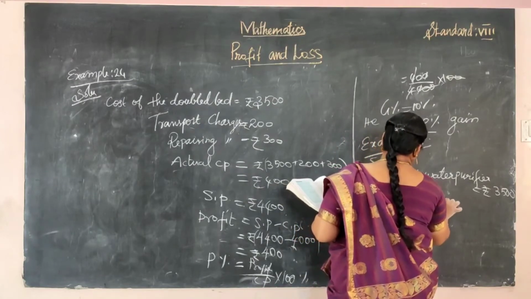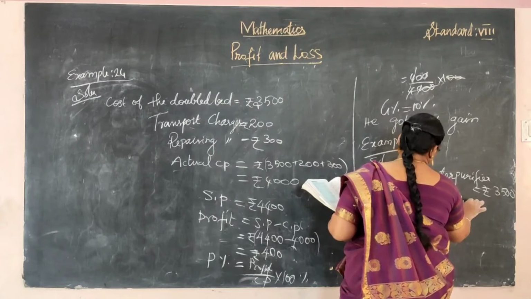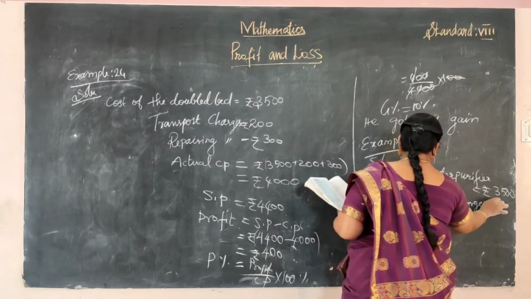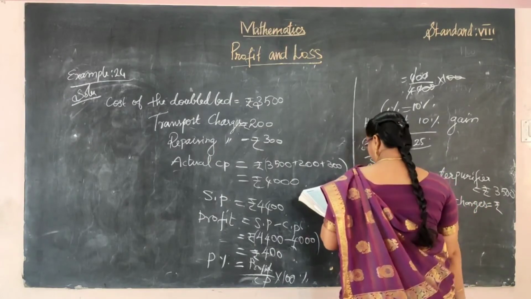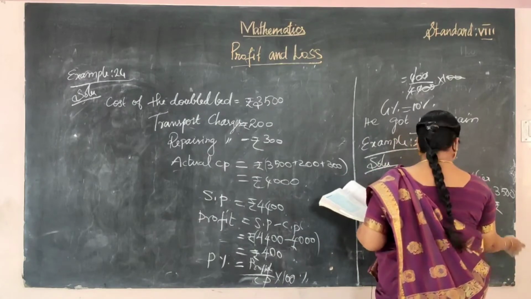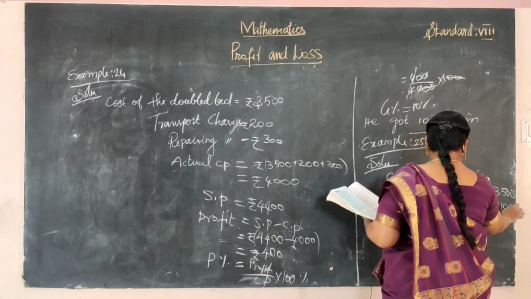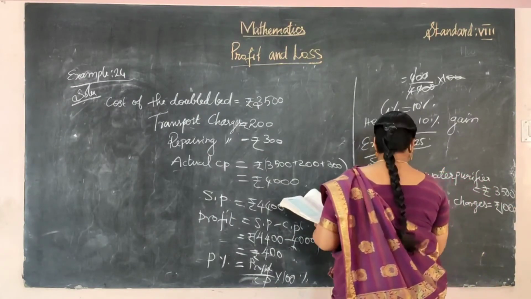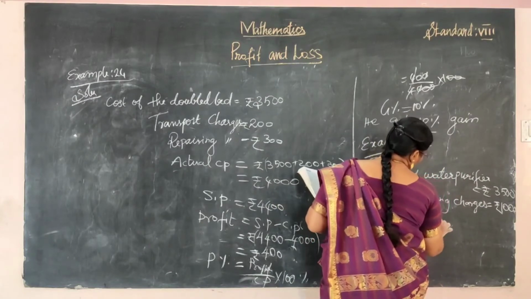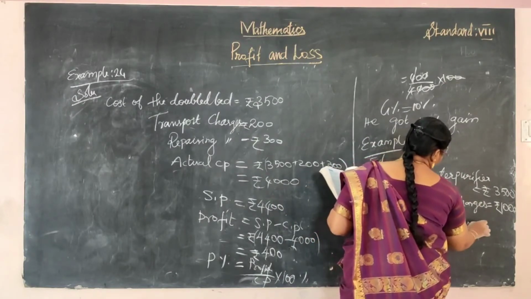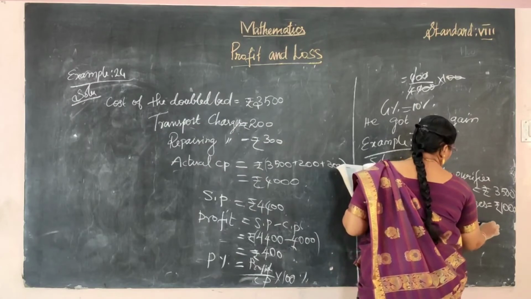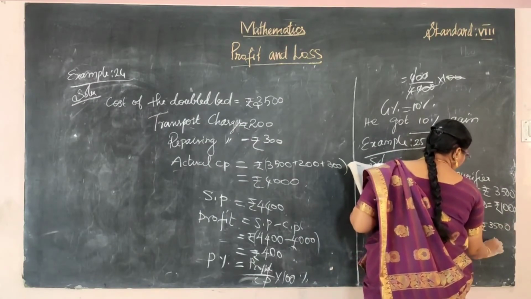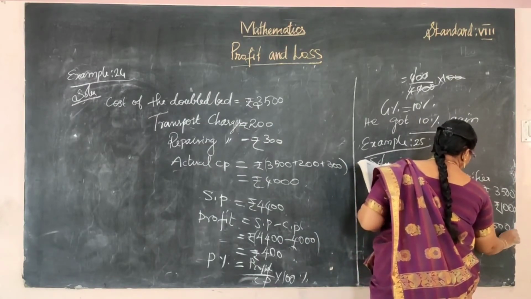Repairing charges is equal to rupees 1,000. Okay, so we have to find out the actual cost price is equal to rupees 3,500 plus 1,000.